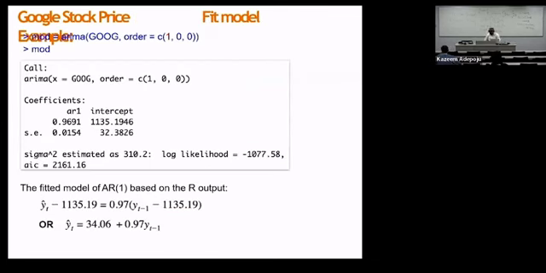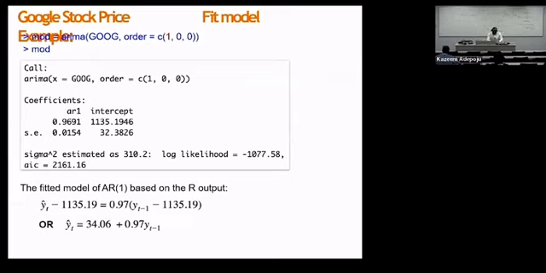Now I want to fit AR1 to the data, okay. My data is GOOG, MOD equal to ARIMA, then ARIMA order 100. Do you see that? You see the output, right? Now you want to write the fitted model, okay, based on what we did before.